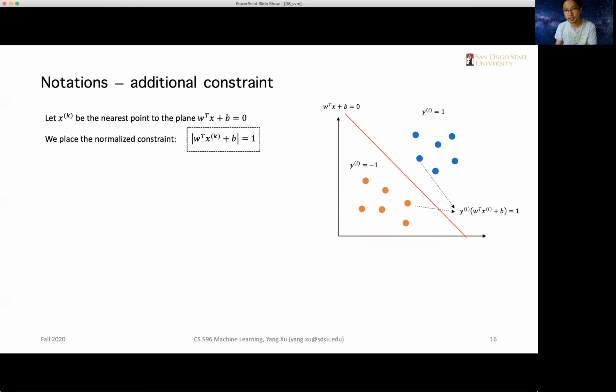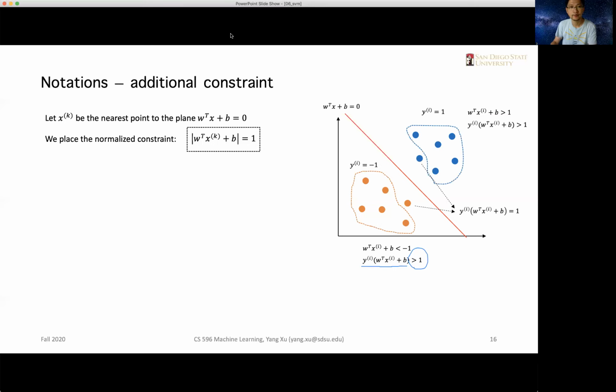Okay, so for example, the 2 points here are the nearest to the plane. So the values of yi times the linear combination for these two data points equal 1. And for the other data points that are farther apart than these nearest points, the yi times the linear combination should be greater than 1.